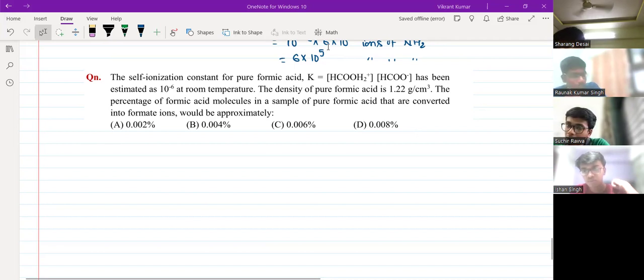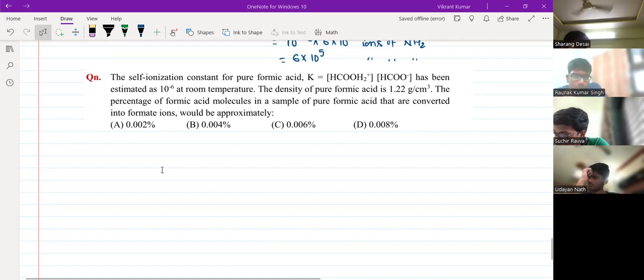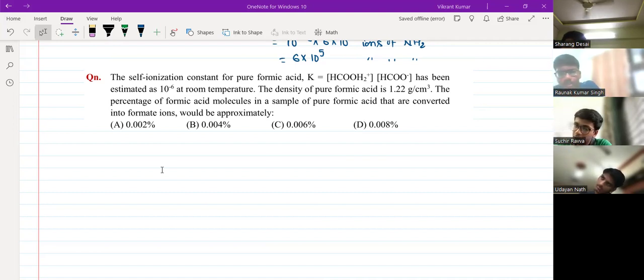Ishan has also got an answer. Okay, Anshul has got an answer.